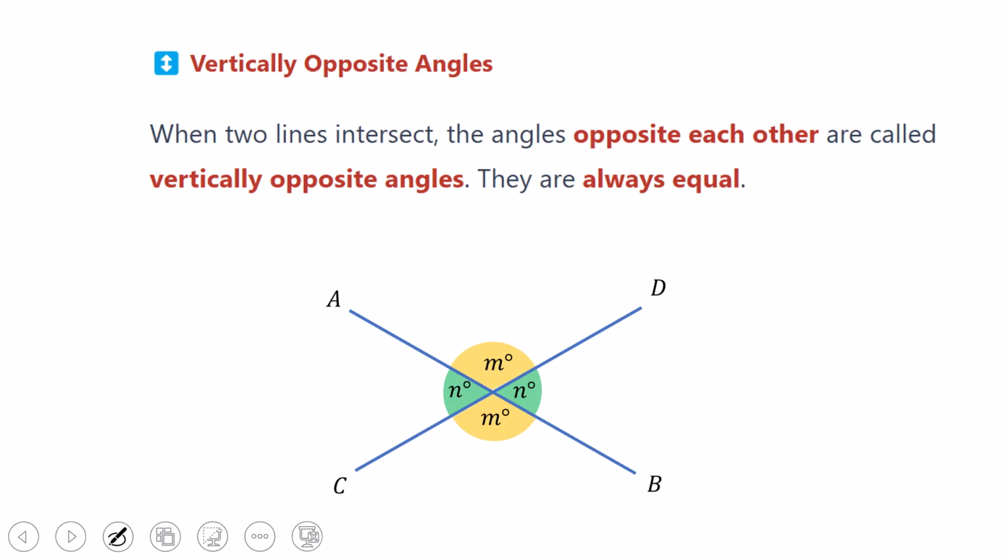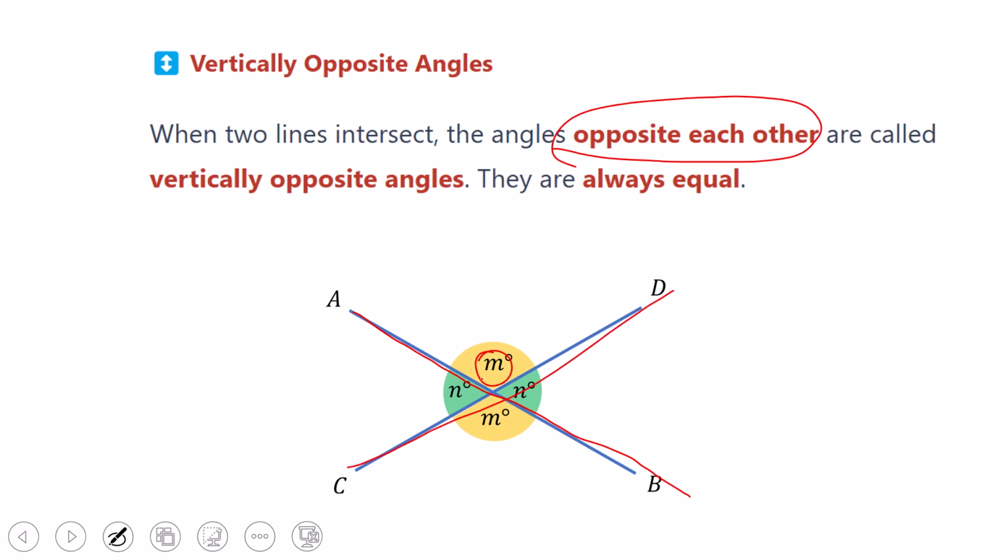Then the vertically opposite angles. Two angles are said to be vertically opposite when two lines intersect and the angles are opposite each other. So take note of this. The angles opposite each other are vertically opposite angles and they are always equal. In this case, I have the line AB and the line CD.